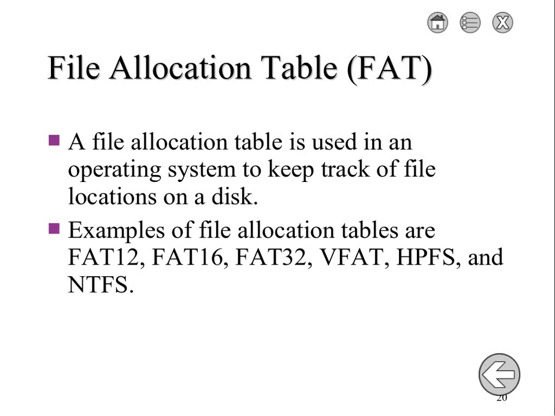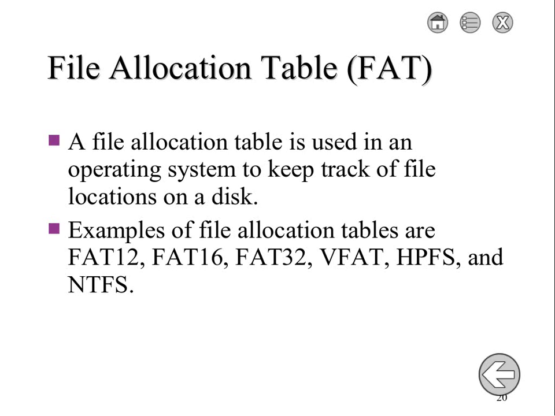And the original IBM PC had a 12-bit FAT table, file allocation table, so it was called FAT12. 12 bits means it used 12 binary ones and zeros, binary digits, to locate the information. That meant that the floppy disk was divided up into a maximum of 4,096 different locations.